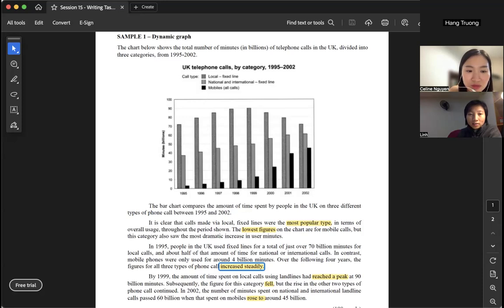The next paragraph is an overall, where they have described a trend, such as the highest and lowest trend of the amount of time spent by people in the UK. And the first body, I've almost finished. Body two, please give me a second.